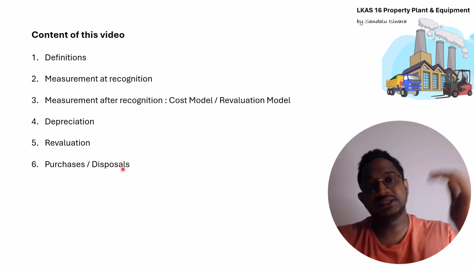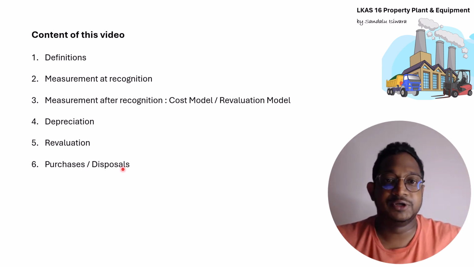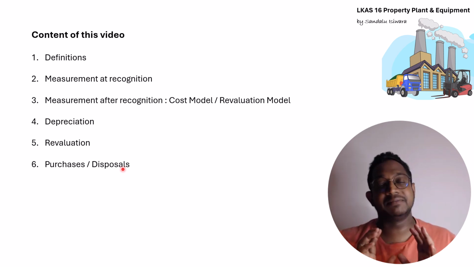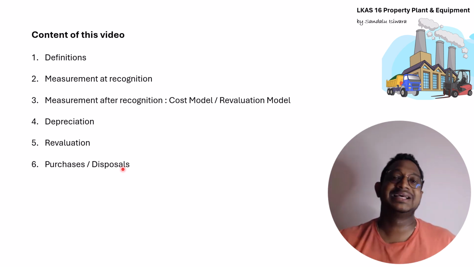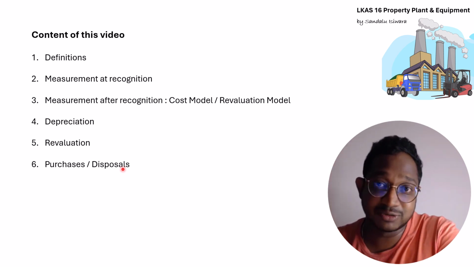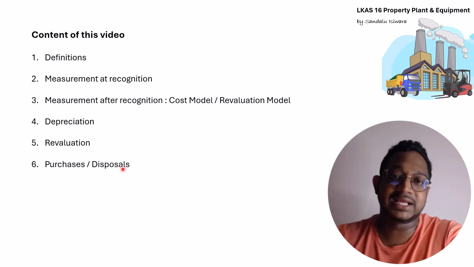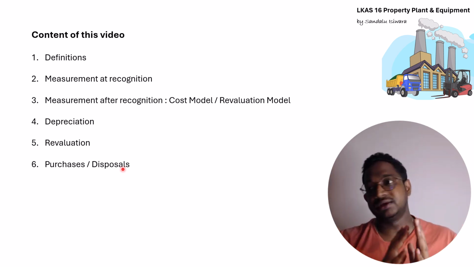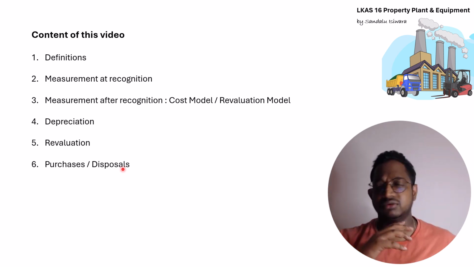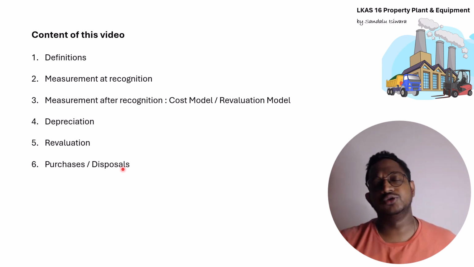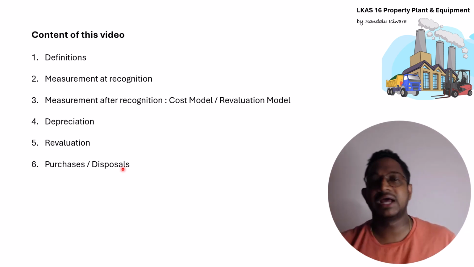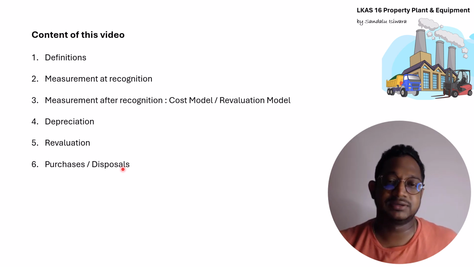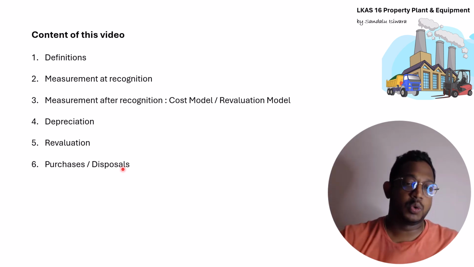So this is the content that I am discussing in this video. Again, I am discussing only the parts from LKAS 16 that are relevant for your A-level accounting syllabus. This standard is very long, with a lot of content that you should know, but here I am discussing only the parts for the A-levels, right? Okay.